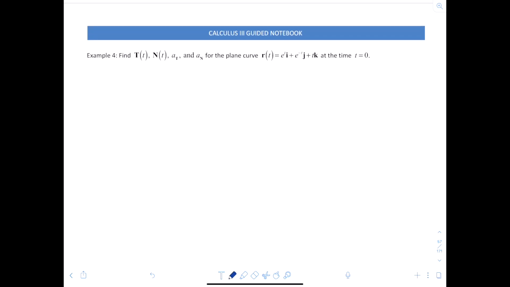Let's look at the example. Find T(t), N(t), a sub T, a sub N for the plane curve r(t) equals e to the t i plus e to the negative t j plus t k at the time t equal to 0. Okay, so here we go. What do we need to find?